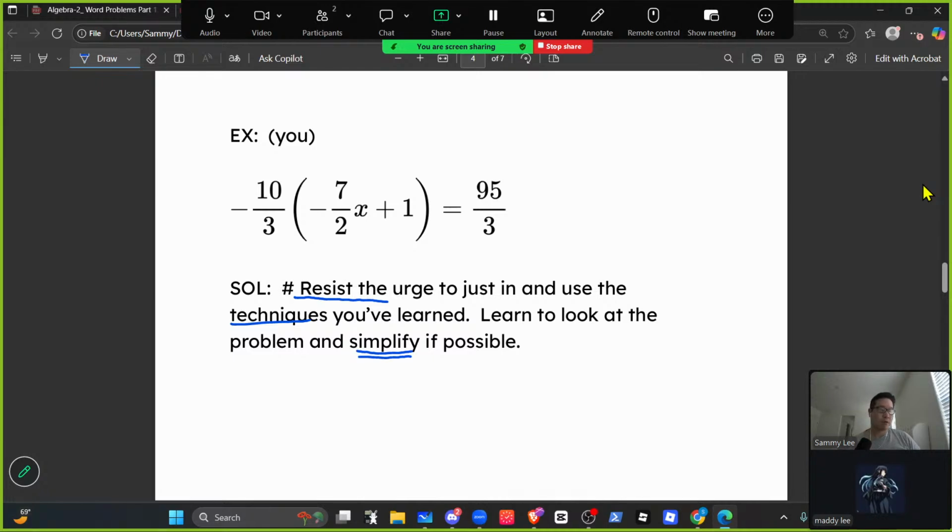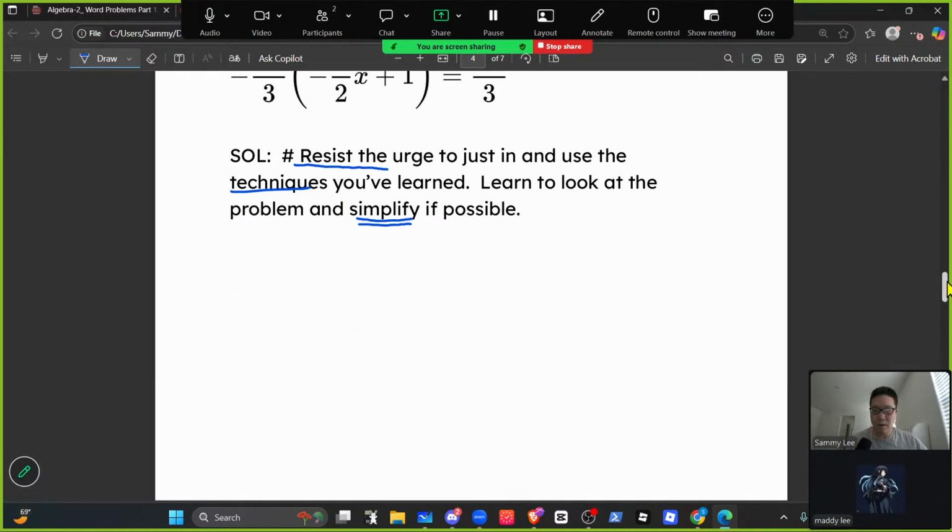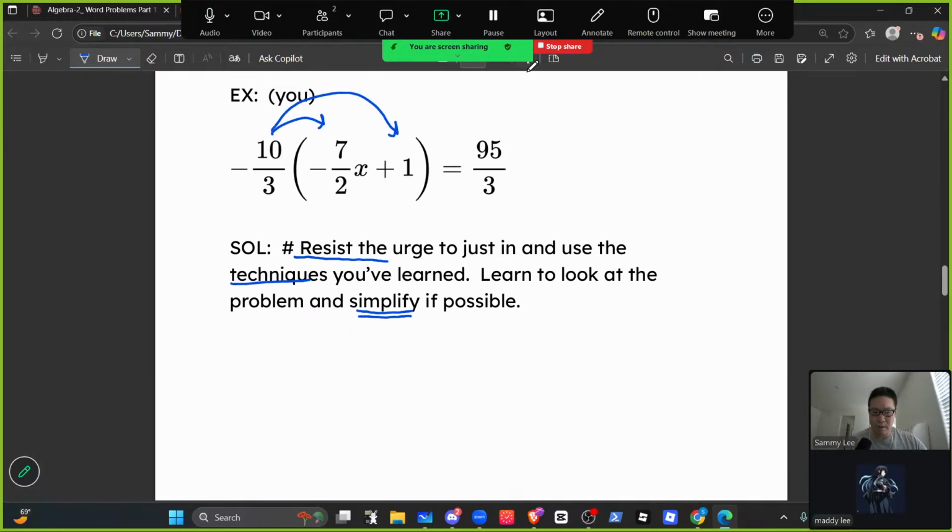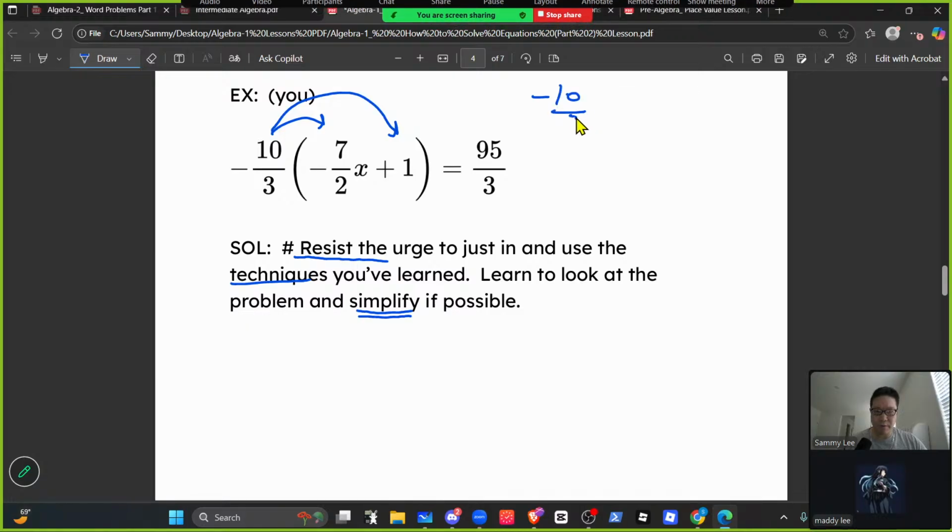Okay. As I've noted here, you want to simplify if things can be simplified before you start using the techniques. You want to simplify by distributing this negative 10 over 3 first. So what happens when we do that? This is negative 10 over 3 times negative 7 over 2.